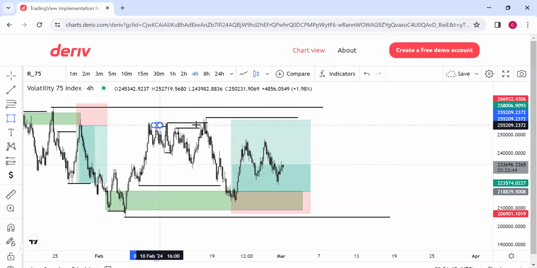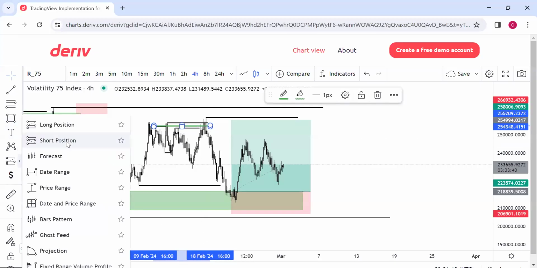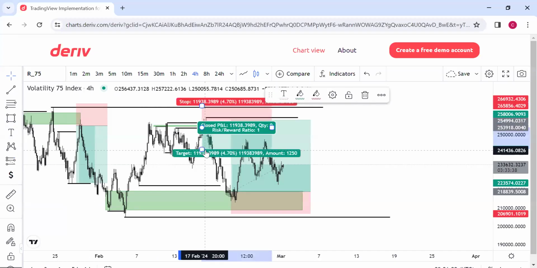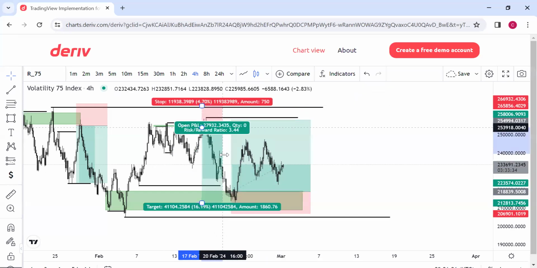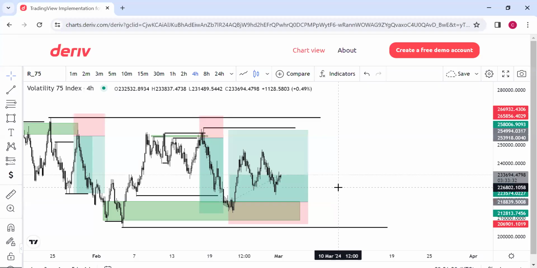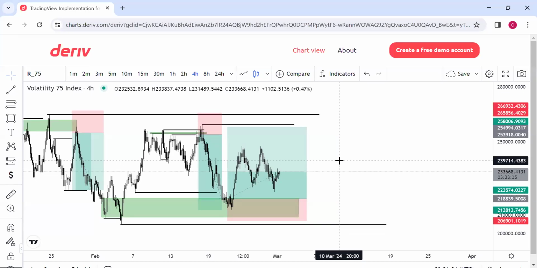So this was a sell entry that got to the buy zone. And now the buy is holding. So I feel this thing is just going to keep buying. That's what I feel.